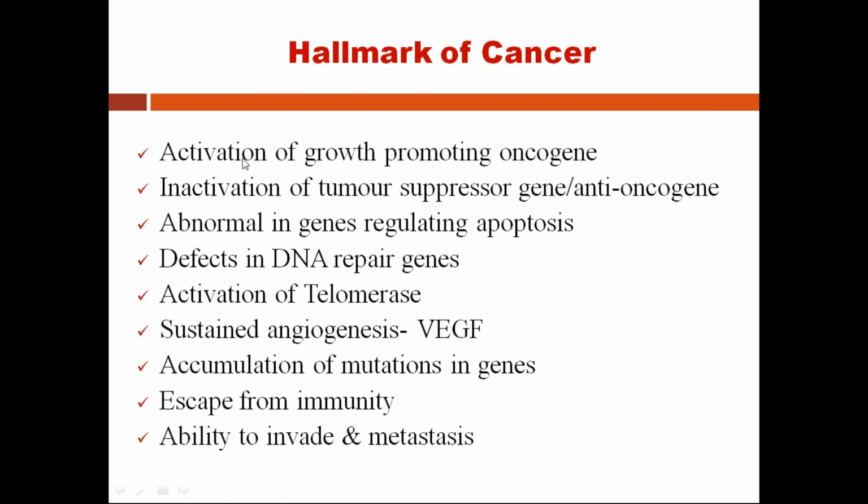Whenever the mutant version of the proto-oncogene is called an oncogene, there should not be any confusion. So there is the mutation in the genes: overexpression or activation of the growth promoting oncogene, inactivation of the tumor suppressor gene, alteration in the genes regulating apoptosis, and defect in the DNA repair gene.